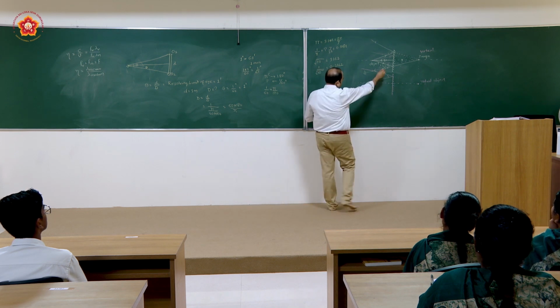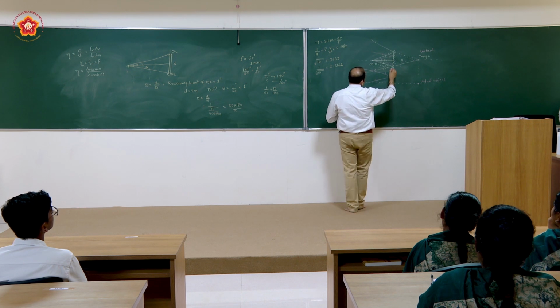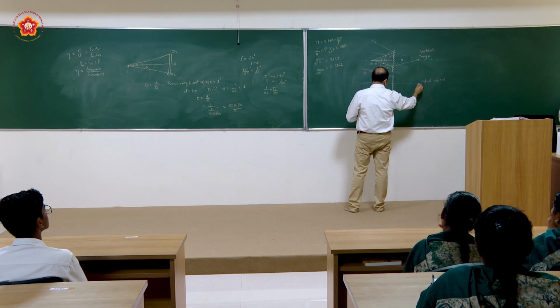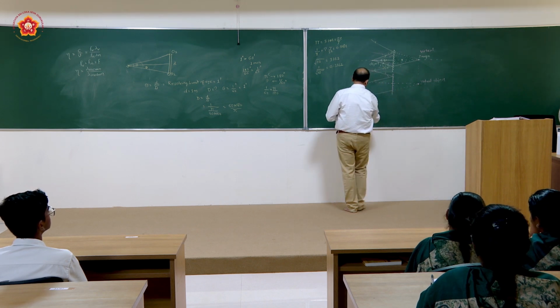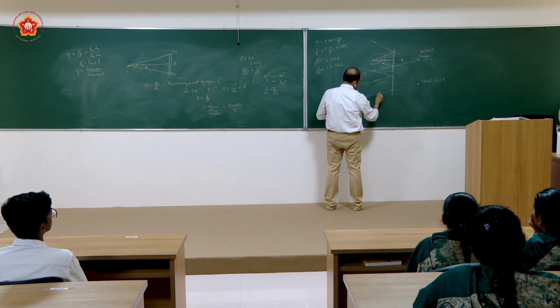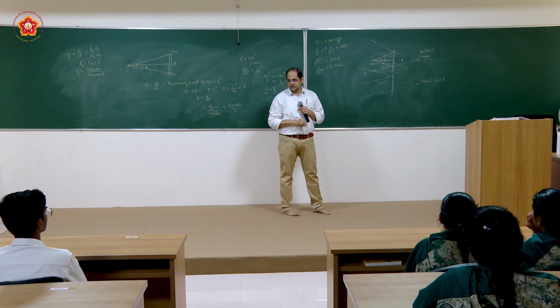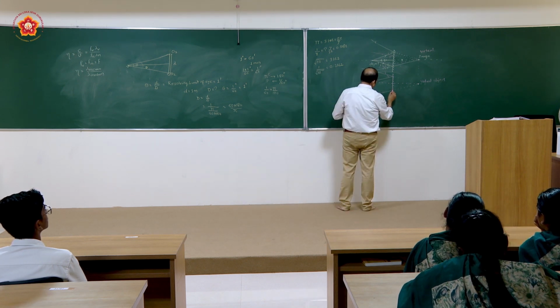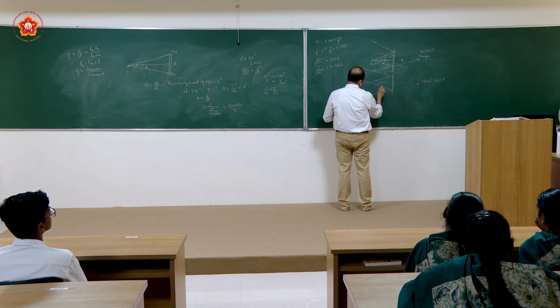Similarly, this ray was moving outward. If I draw this ray at this position, directed towards the virtual object, this will reflect from the mirror, and you will see that this reflected part will be traveling in this manner.